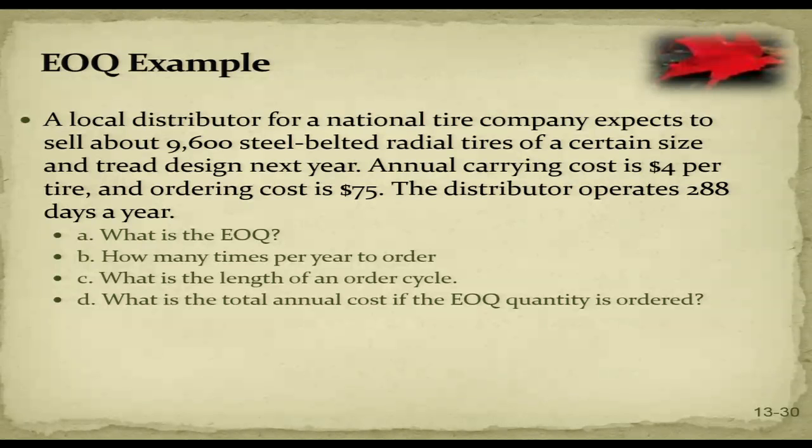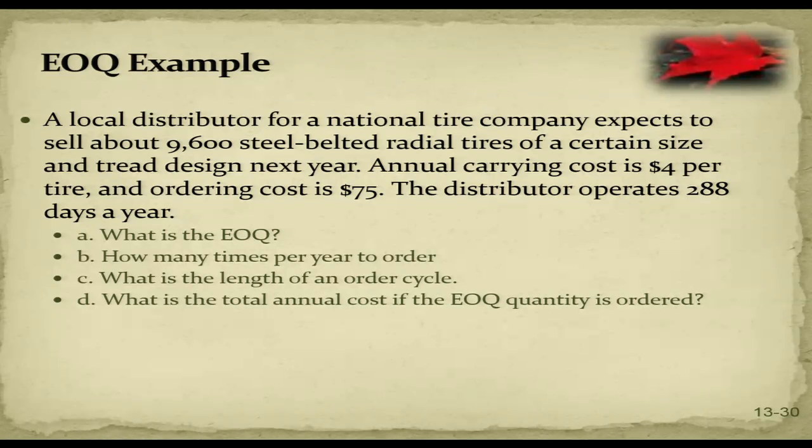The annual carrying cost, which is the same as the holding cost, is $4 per tire, and the ordering cost is $75. This is the one-time ordering cost, right? The distributor operates 288 days a year.